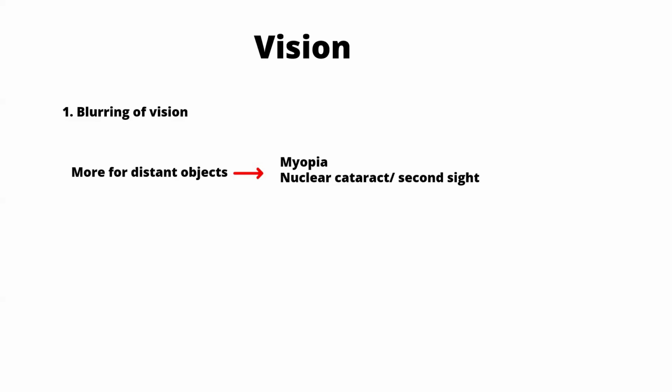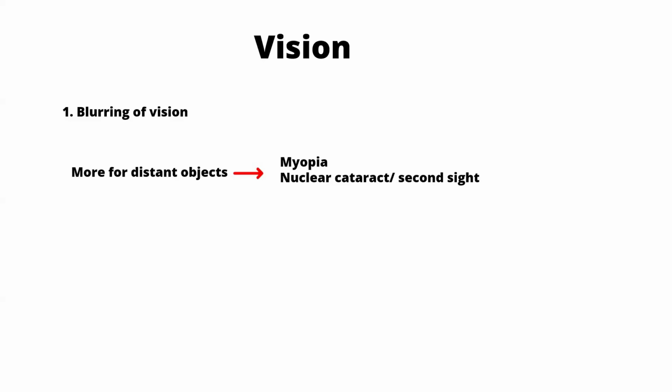In nuclear cataract or second sight, we see nuclear sclerosis. In nuclear sclerosis, the refractive index of the nucleus increases. When the refractive index of the nucleus increases, it results in index myopia. So imagine a patient who was presbyopic and was using glasses for near vision. Now at 50, 60 years, he suddenly realizes that even without his near vision glasses, he can see, but he is probably developing nuclear sclerosis and is having index myopia.